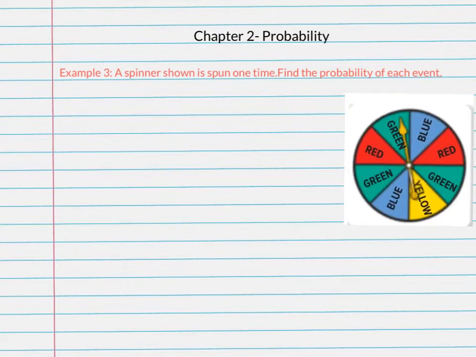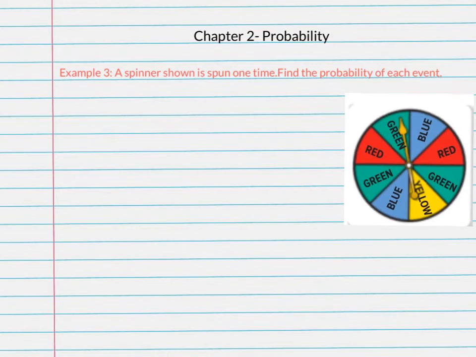Example 3. A spinner is spun 1 time, and this time our spinner is different because it has colors. As you can see here, we have different colors: red, blue, green, yellow, and so on. The question is, find the probability of each event. Before we start, we agreed step number 1 is to find the total number of outcomes.